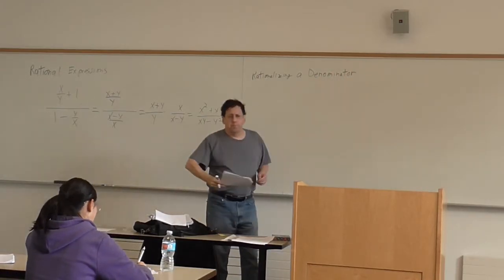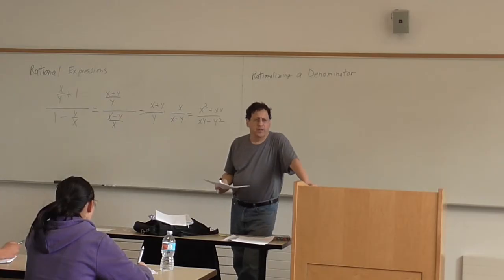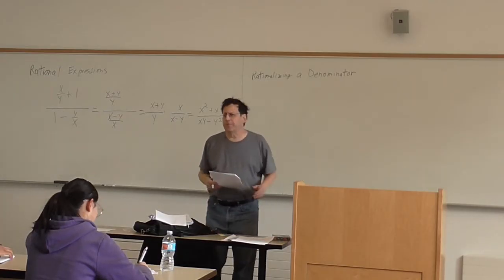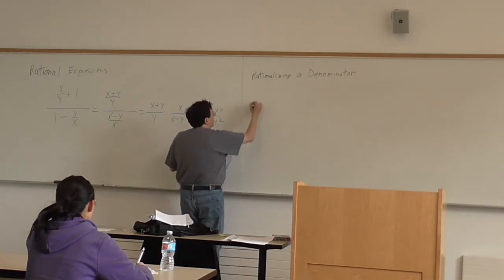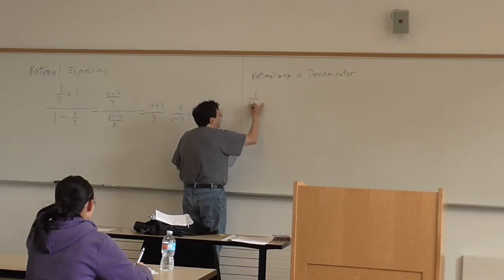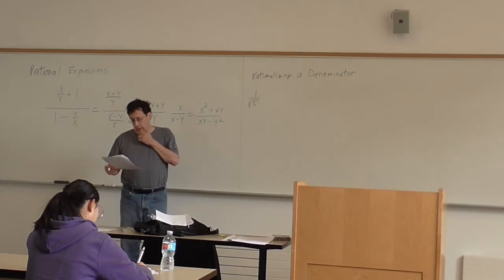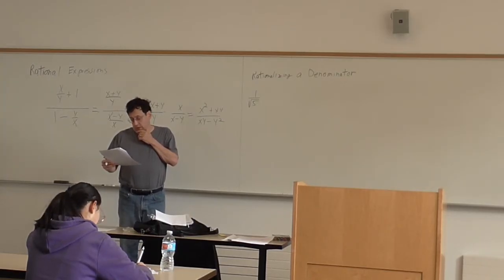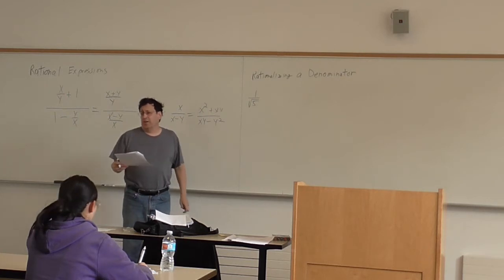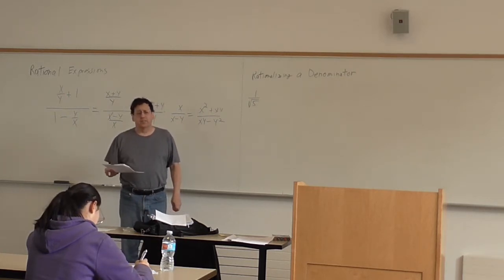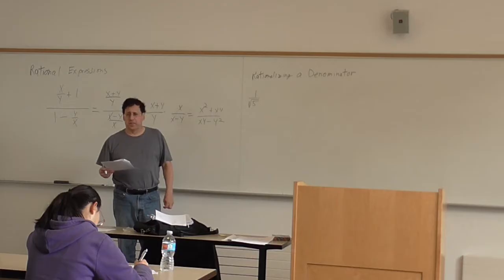Now, I think on Monday I said that I wasn't a big fan of rationalizing expressions like this. To me, they're perfectly okay. But sometimes you have a denominator that's kind of ugly and it has a radical, and you don't really want the radical in the denominator.